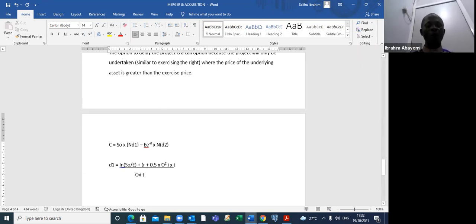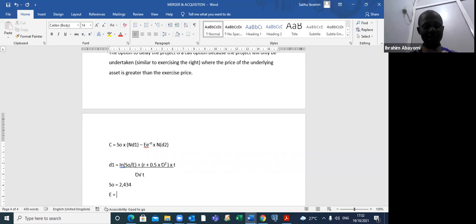Now let's look for the variables we have in this formula. S0 is the price of the underlying asset, which is our present value of the inflow of the project. That is 2434. And the exercise price is the outlay, the amount I will invest, the amount I will pay.